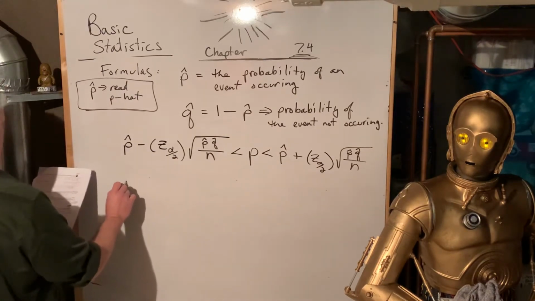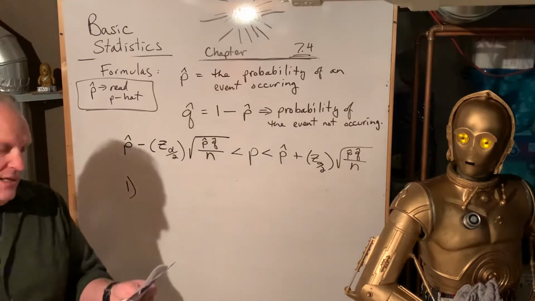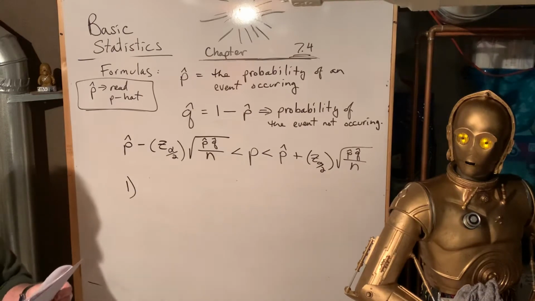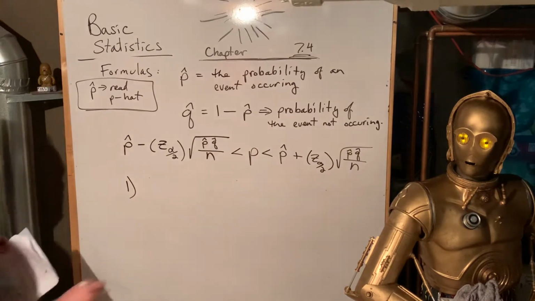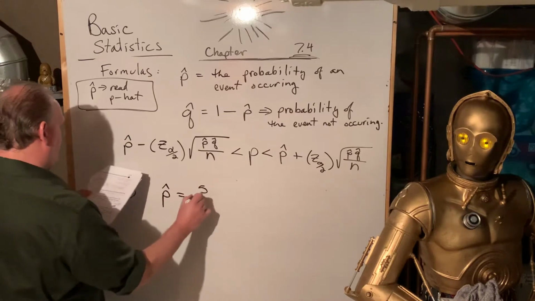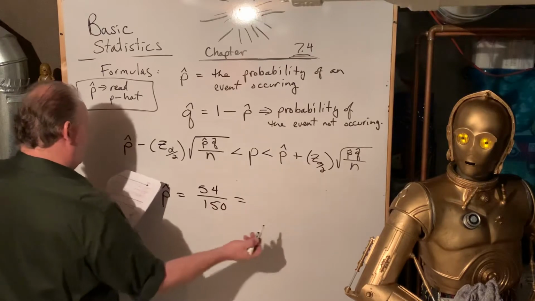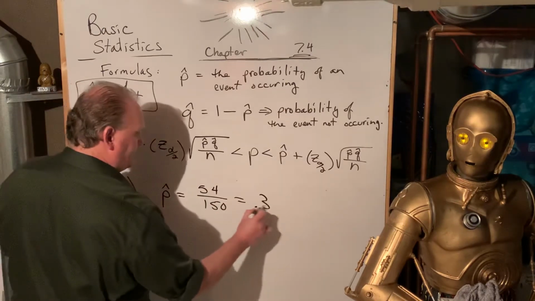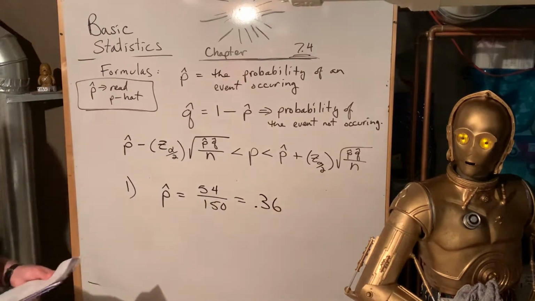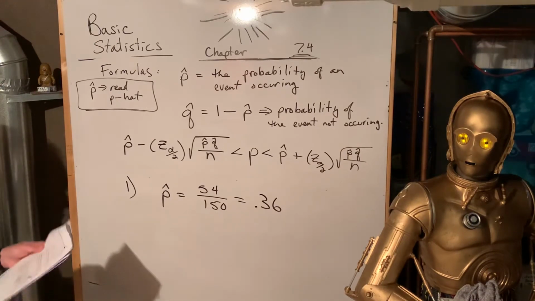Number 1. They want us to find, in a recent survey, 150 households, 54 had central air. Find P hat and Q hat. To find P hat, you just say 54 out of 150, that's 0.36. 36% of the households have central air.